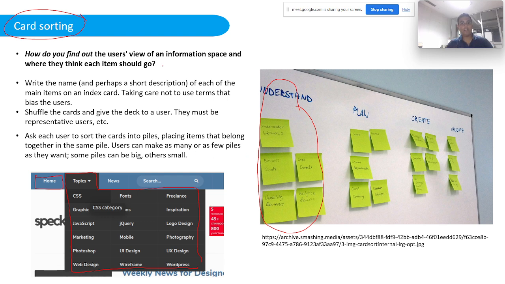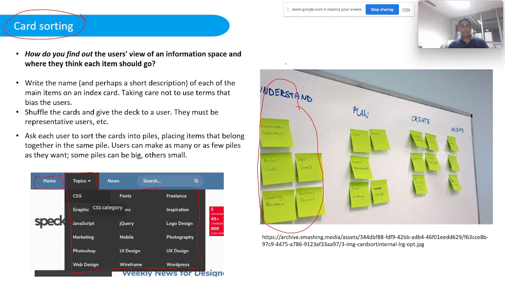So generally for that, we try to understand how the user is going to organize the categories or subcategories into broad labels. Okay.